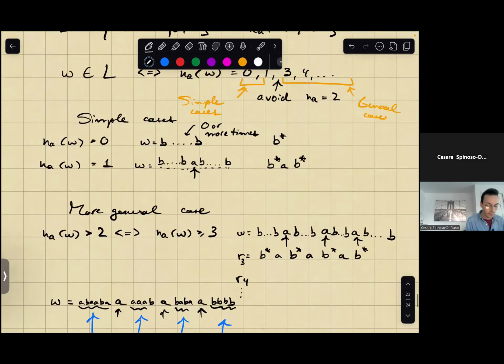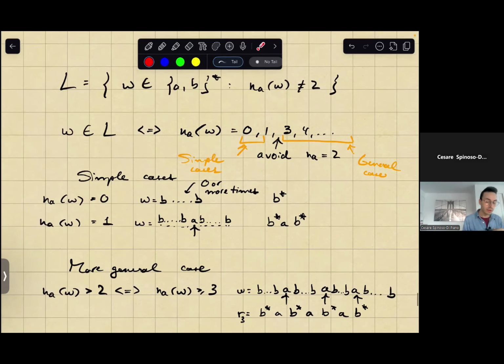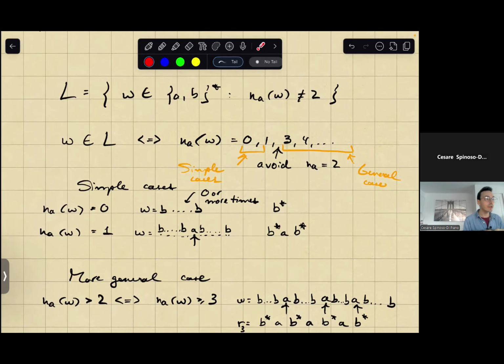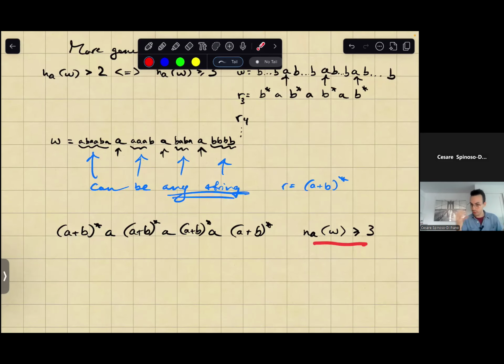And so if I put this all together, because right now I've only looked at the individual regular expressions, the language L is strings that don't have exactly 2 A's. Well, it could be 0 A's, 1 A, or 3 or more A's, right? And so notice I'm using or. The natural way of converting an or to a regular expression operator is by using the plus, right?